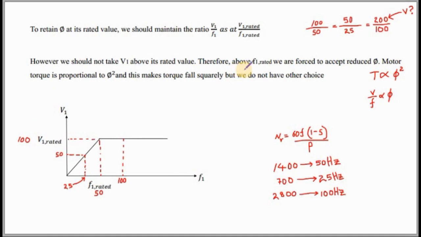Therefore, above F1 rated, which means 50 in this case, we are forced to accept reduced psi, because beyond this point V by F is not equal to V1 rated divided by F1 rated.